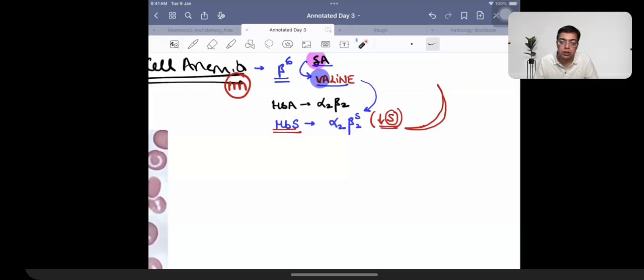It becomes sickle shaped. Chances of polymer formation increase at the time of dehydration and at the time of hypoxemia.